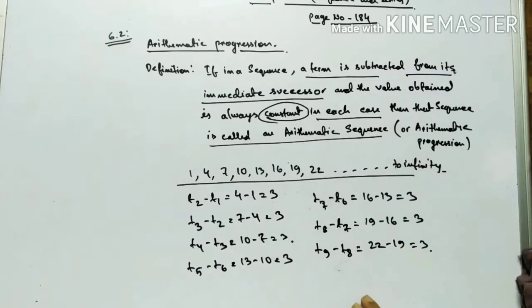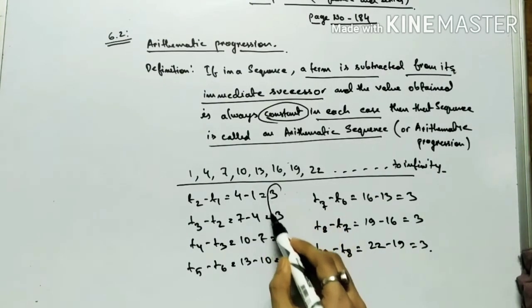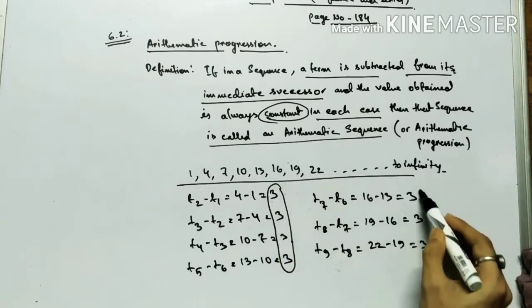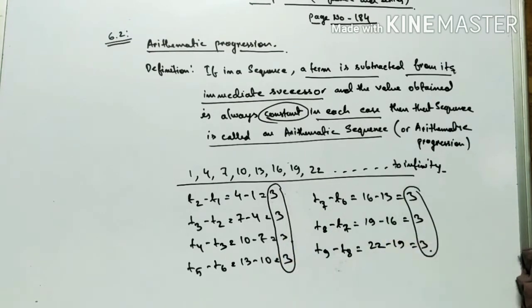It will go on and on. The difference between the consecutive terms is constant. Then that type of sequence is an arithmetic sequence or arithmetic progression.